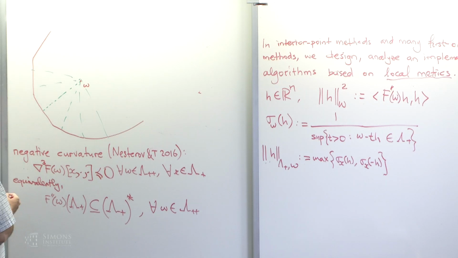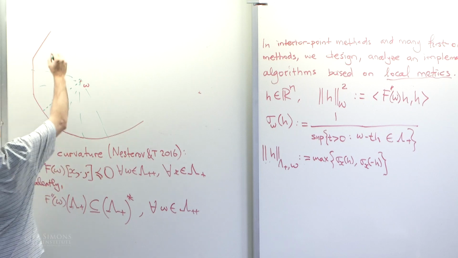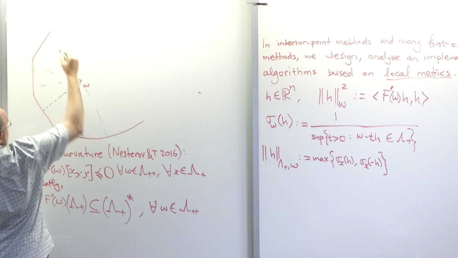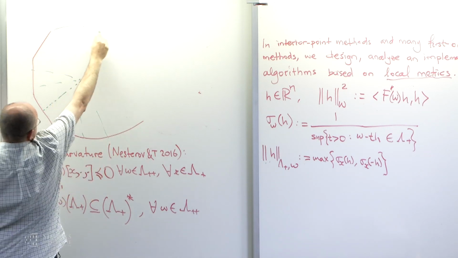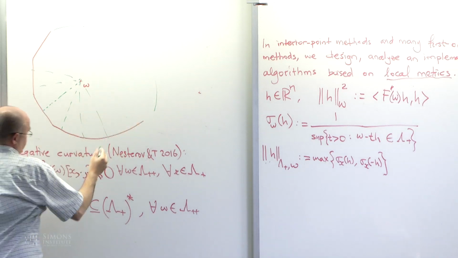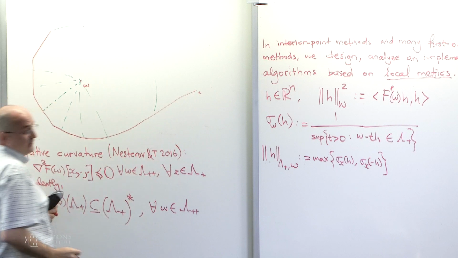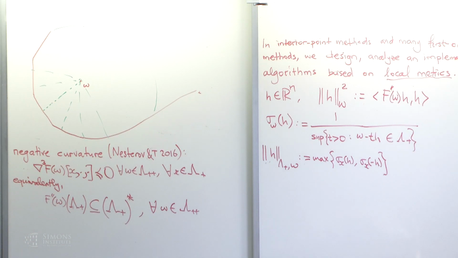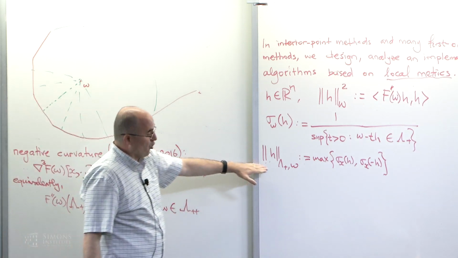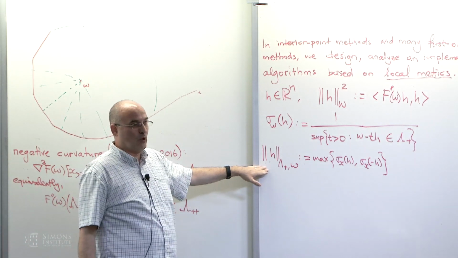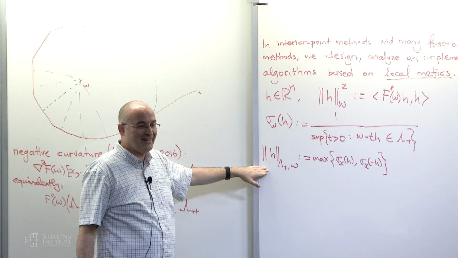It creates the largest centrally symmetric set that is contained in my cone that's centered at W. So this norm induces a ball, or the ball induces a norm, either way, right?